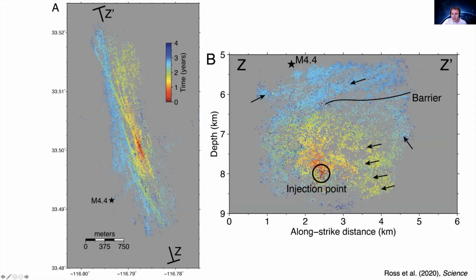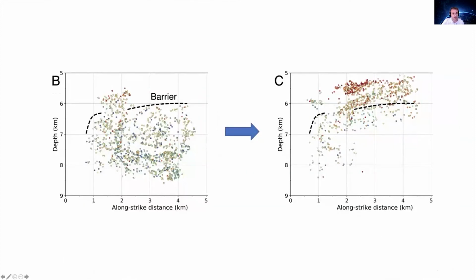So I want to go back to this here, where I talked about how there seems to be some kind of barrier here. You can see this more clearly if you look at these events here, from a slightly different perspective. The events seem to stop right at this barrier, but to the south, they're able to circumvent this and move to shallower depths up here.